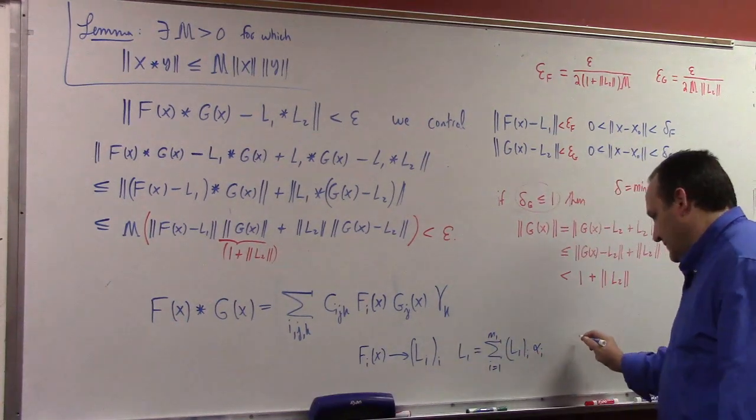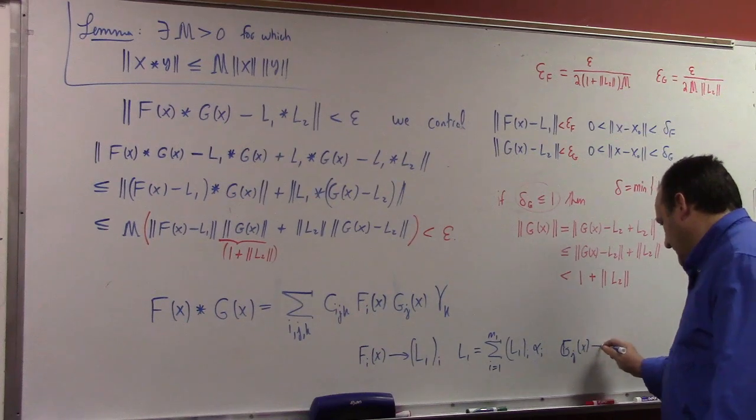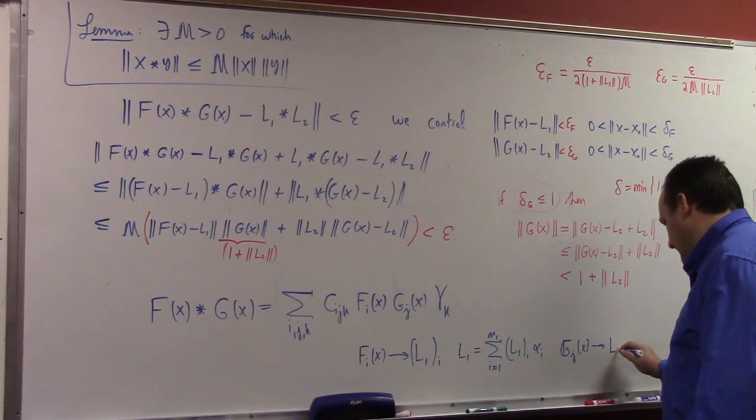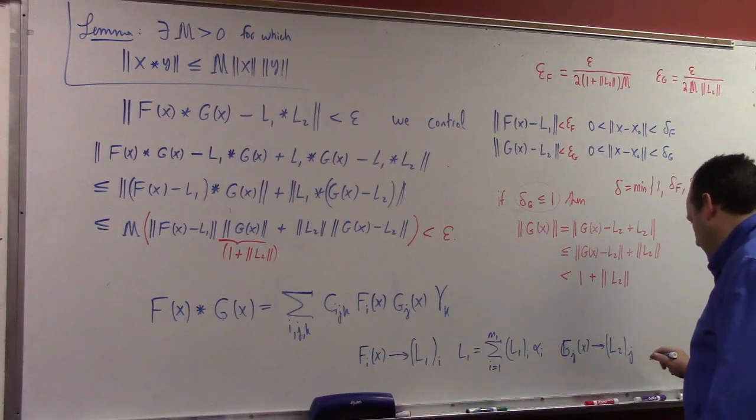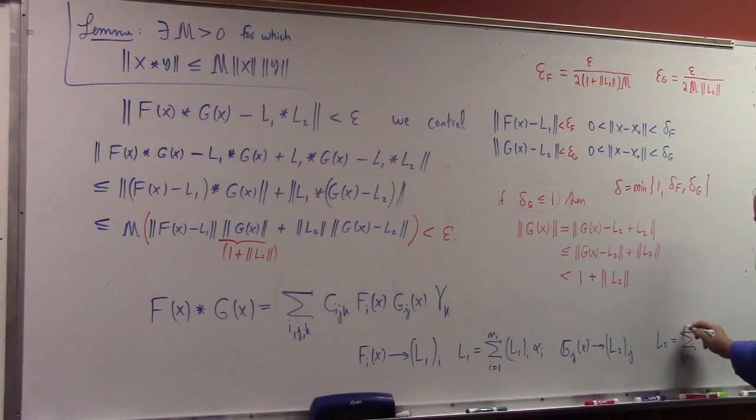And likewise, g sub j of x maps to L2 sub j by the vector limit theorem, where L2 is the sum over j equals 1 to M2 of L2 sub j beta j.